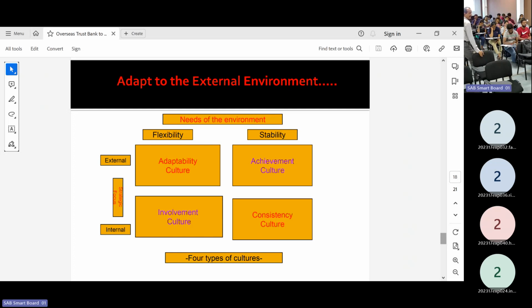On one side we see the nature of the adaptation to the environment, or the nature of the industry. Environment means that a company should consider the industry it operates in. The nature of the industry should be understood as either a stable industry or a very volatile or flexible industry.